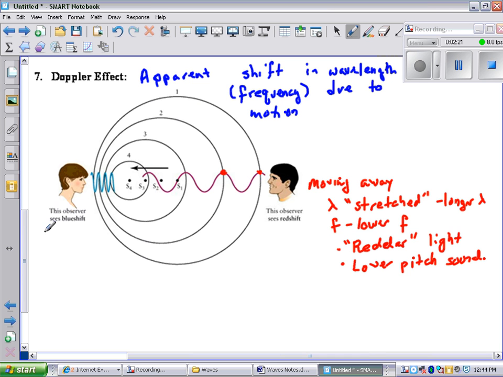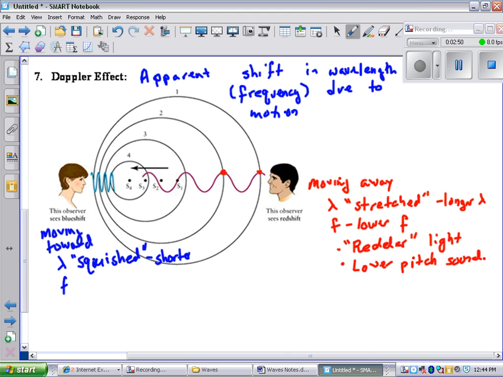If the source is moving toward a person, the wavelengths get squished. So they seem shorter.